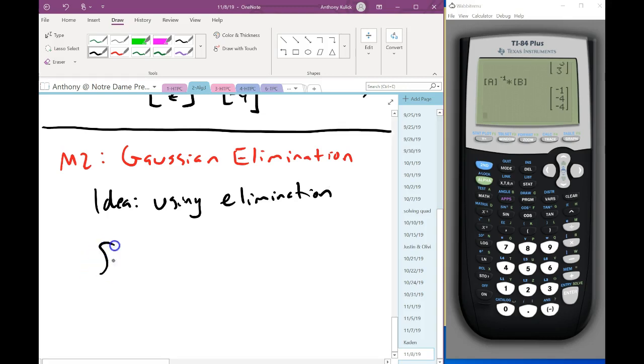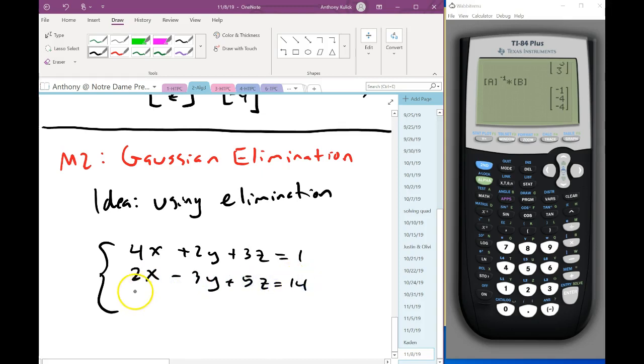So what we're going to do is take a system of equations. I want that to be negative 14.